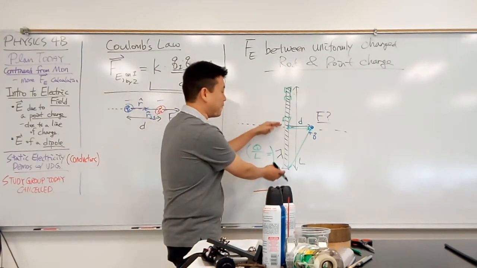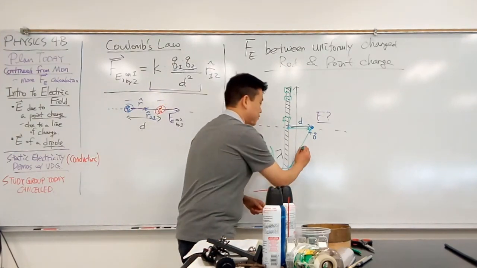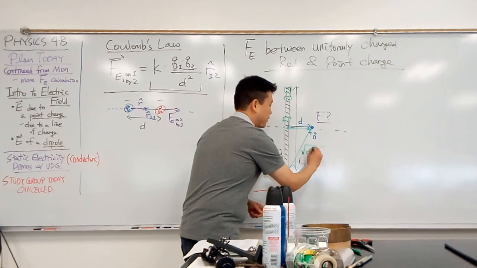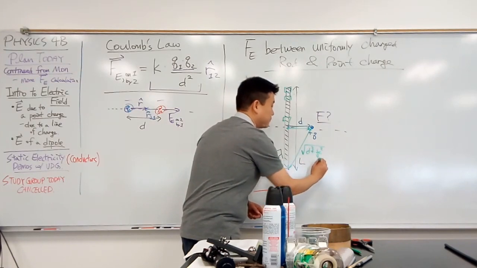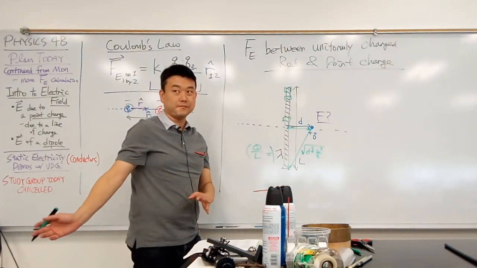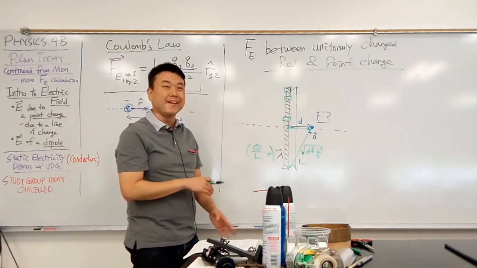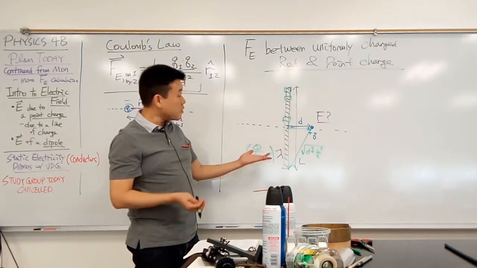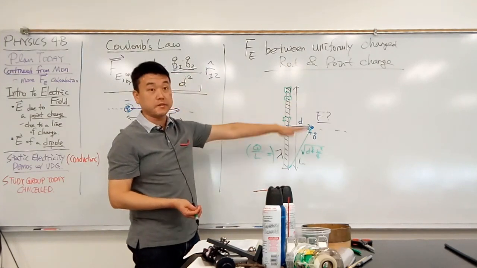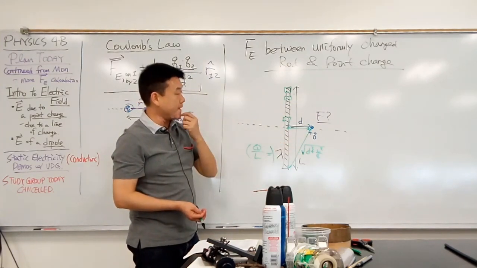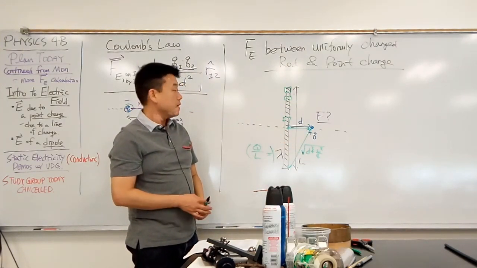Well, it's based on half of L. So it should be square root of d squared plus L squared over 4. Everyone good with that? Better get used to trigonometry and geometry. It's going to come up. Okay, so there's a range of distances. So yeah, it's going to be a little bit tricky.